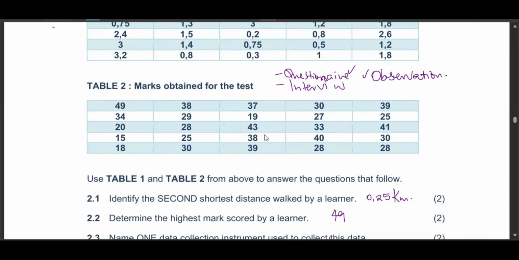By the way, if there is no repeated number, please don't write 0. You say no mode. You have 45, 20, 15, 38, 25, 37, 19. We shall say no mode.